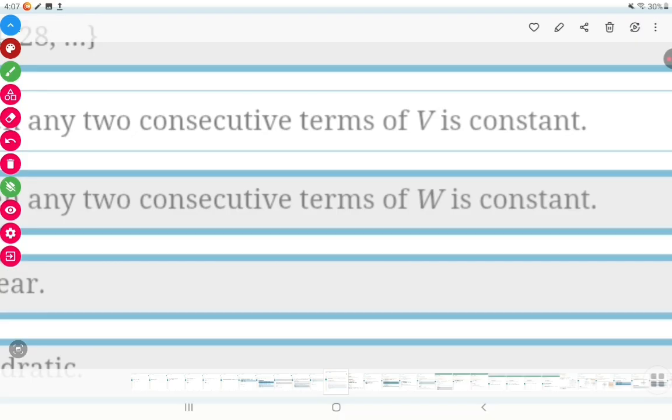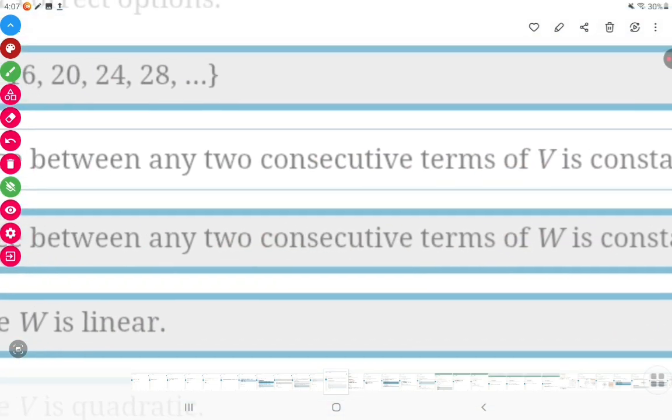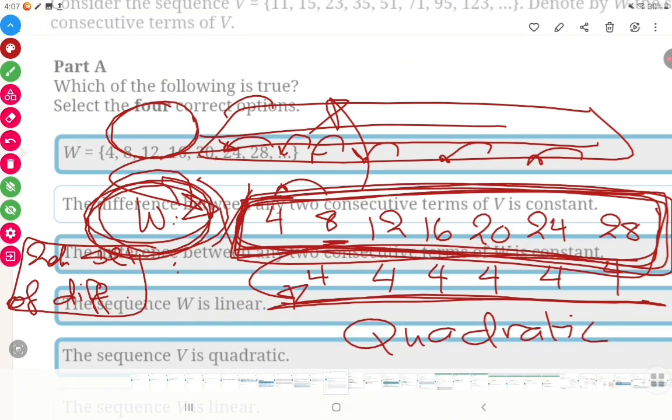The difference between consecutive terms of W, which is the first set of differences. When we did the difference between the terms of W, we did get a constant. So this one is true. W is linear. Linear means the first time you subtract, the first set of differences is equal. If we take W as its own set, when we subtract all the values of W, we got a constant the first time.